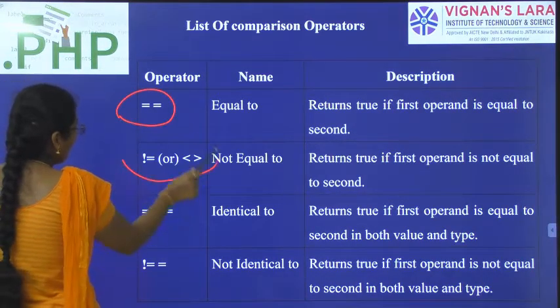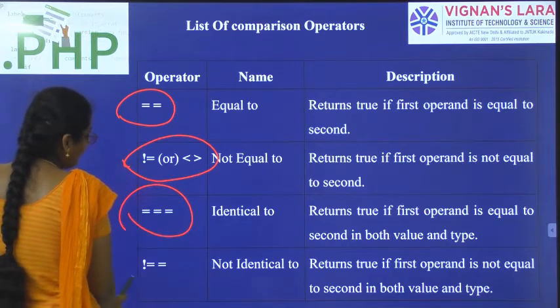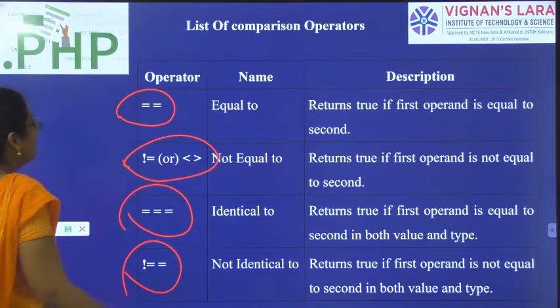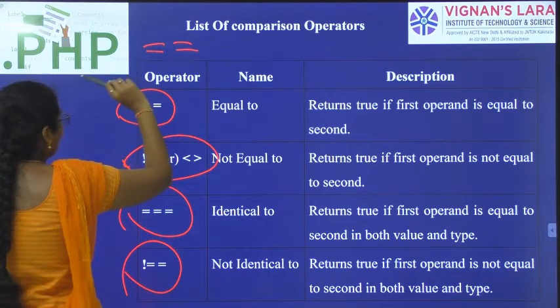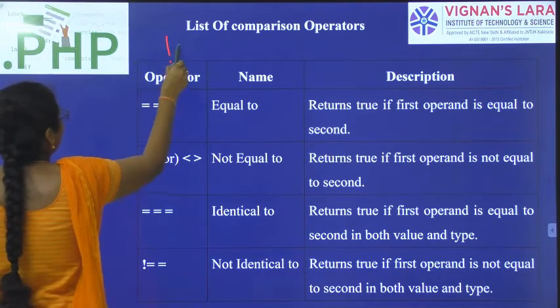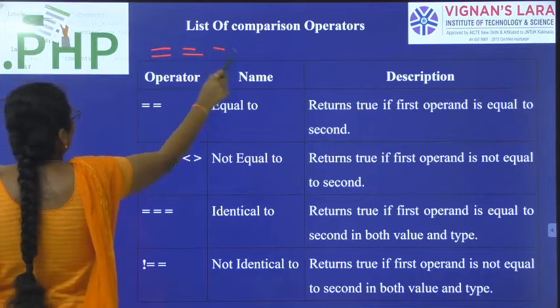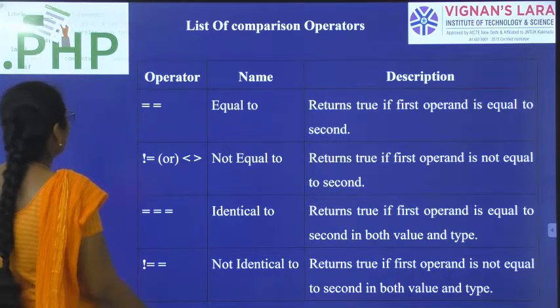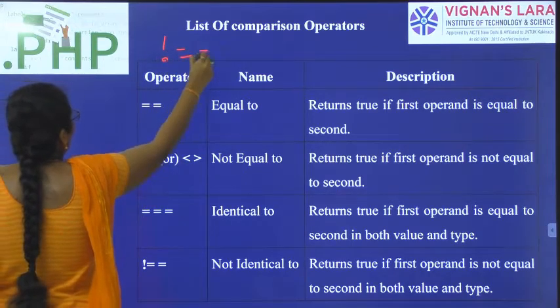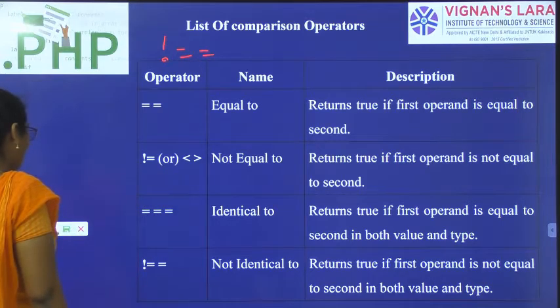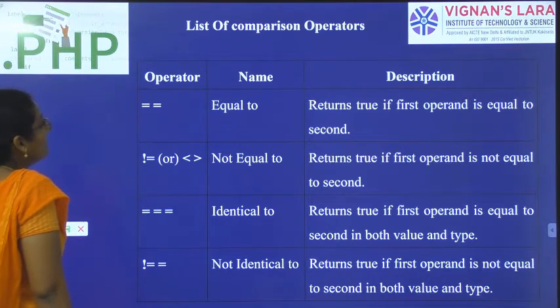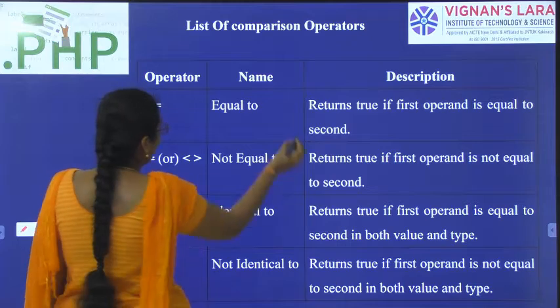Equal to, not equal to, identical to, not identical to. So this is equal to, this is not equal to, this is identical to, this is not identical to. So what is the list of comparison operators we have?